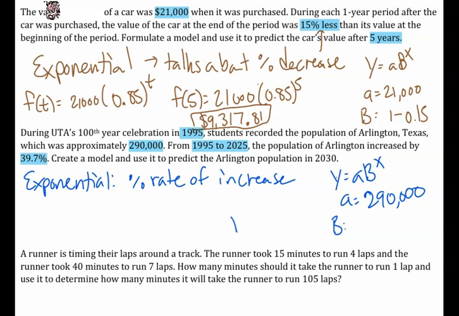We want to use the common ratio formula: r equals y2 divided by y1 raised to the 1 over x2 minus x1 power. That means y1 is going to be that 290,000 and y2 is going to be a 39.7% increase from that.